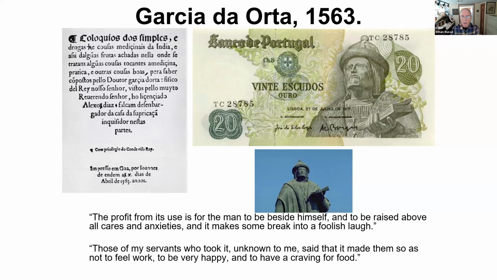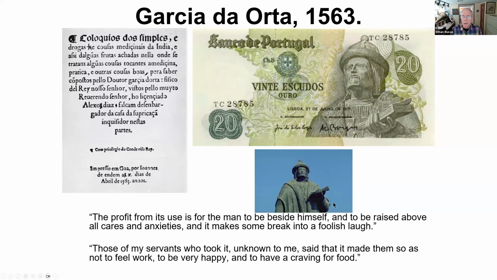"Those of my servants who took it, unknown to me, said it made them so as to not feel work, to be very happy, and to have a craving for food." Again, very typical THC associated kind of effect. So, for his troubles, when it was discovered that he was of Jewish ancestry, his bones were disinterred and burned as part of the Inquisition.